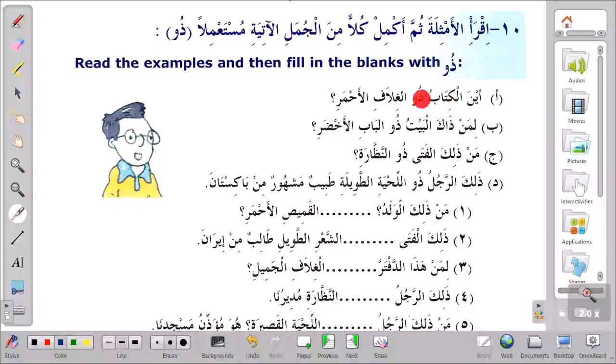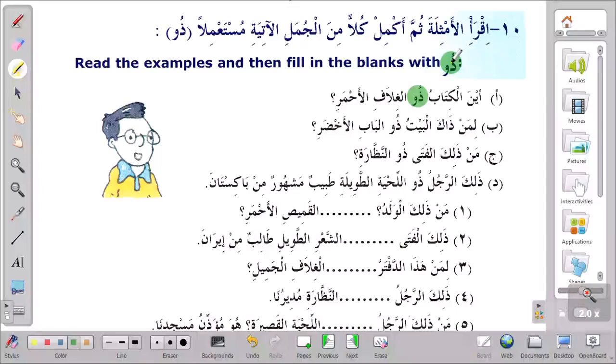أين الكتاب ذو الغلاف الأحمر؟ Where is the book ذو الغلاف الأحمر? We have looked at ذو previously, right? We learned it before. ذو comes to mean possession. I've explained this several times. For example, when we say ذو مال, possessor of money. ذو مال وبنين, it comes in the Quran, right?